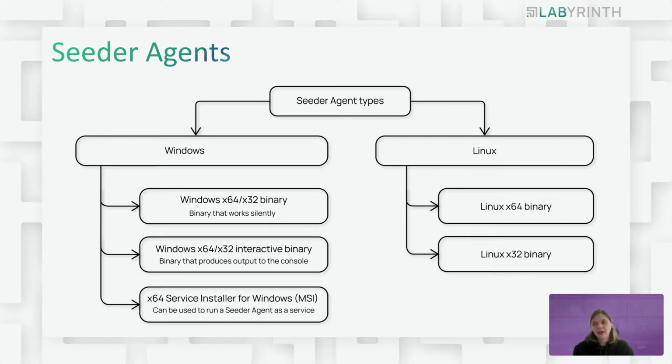The main idea here is that you put this binary on your real host, you run it, and you receive decoys, file decoys, breadcrumbs that will lead your attacker to a deceptive infrastructure from your real assets. On the screen, you can see some of the types. So types define which platforms we currently support, so on which platform you can run it. And today we will see them in action.